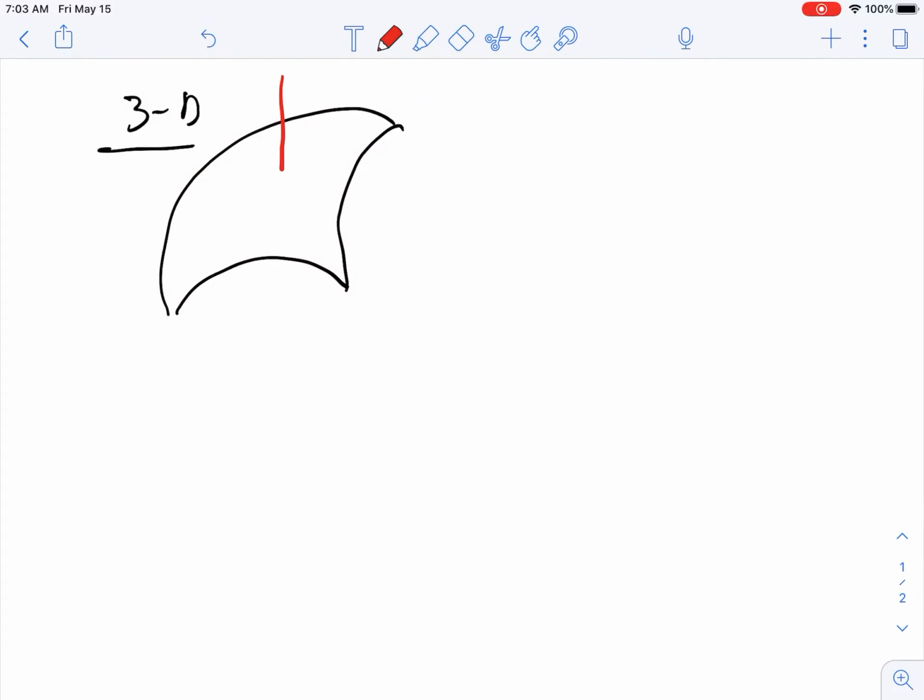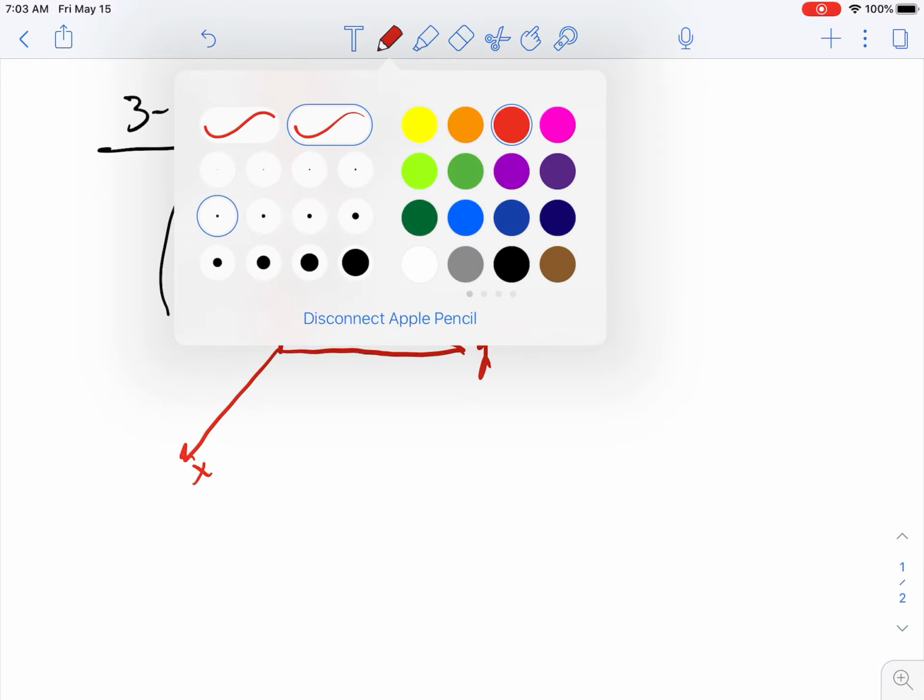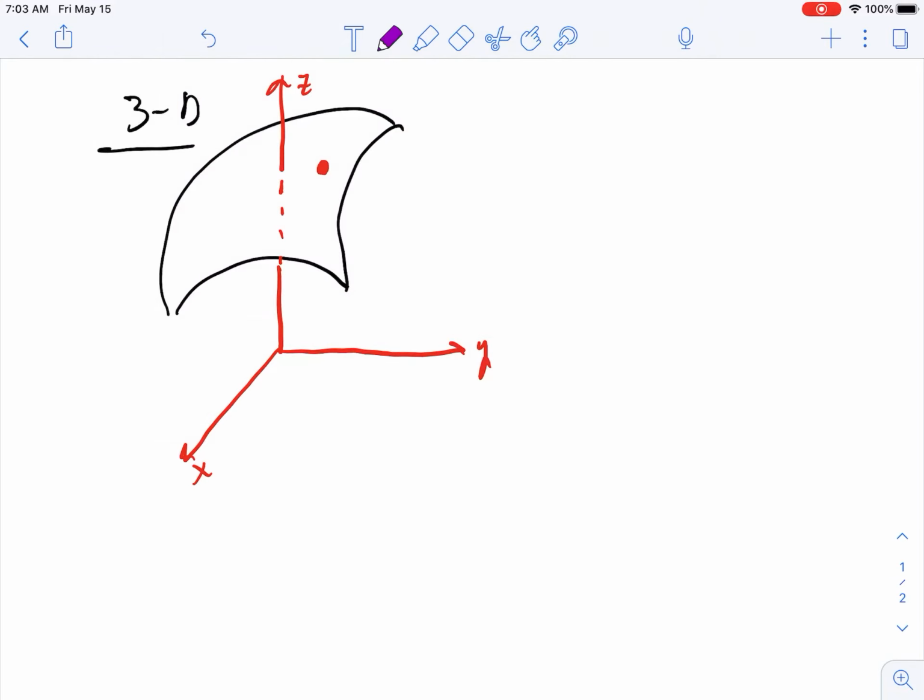Here's my z-axis, my x, my y, and let's say we're looking at doing a derivative at some point right here. Basically what you're trying to do is take, like a slice of bread out of this.